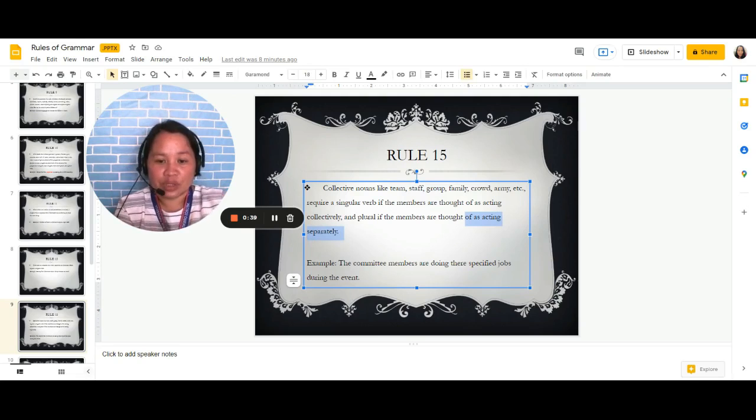The committee members are doing their specified jobs during the event. So the committee members, and we use are. But if we say the committee is doing their job, that's the time we use the singular form of the verb.